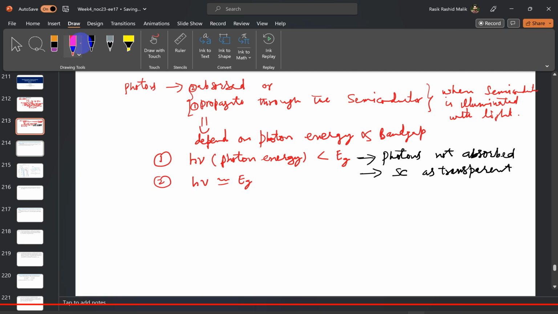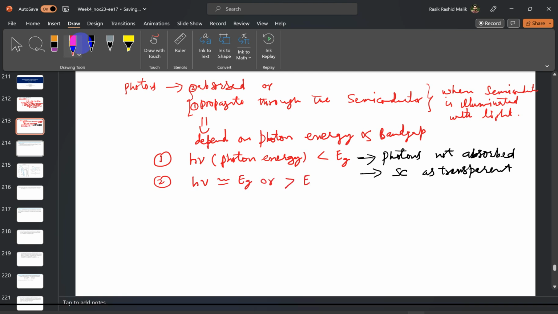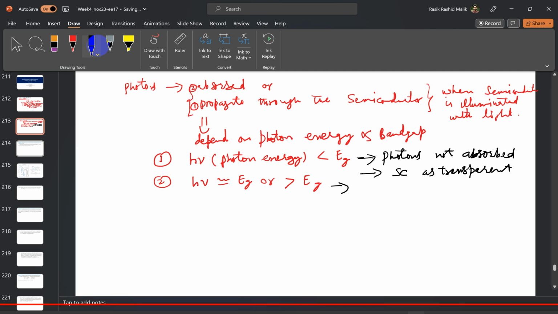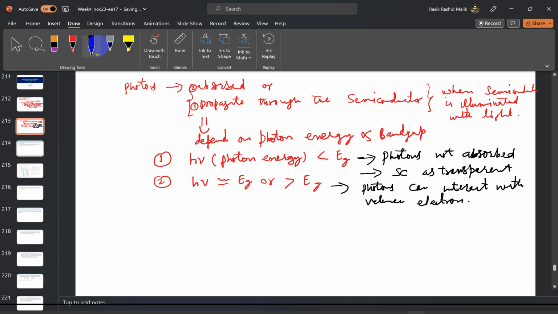In this case, the photons can interact with the valence electron and then raise the valence electron to the conduction band.